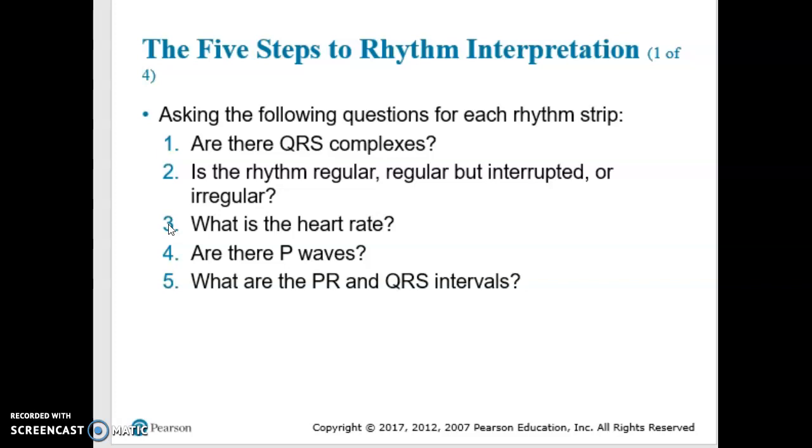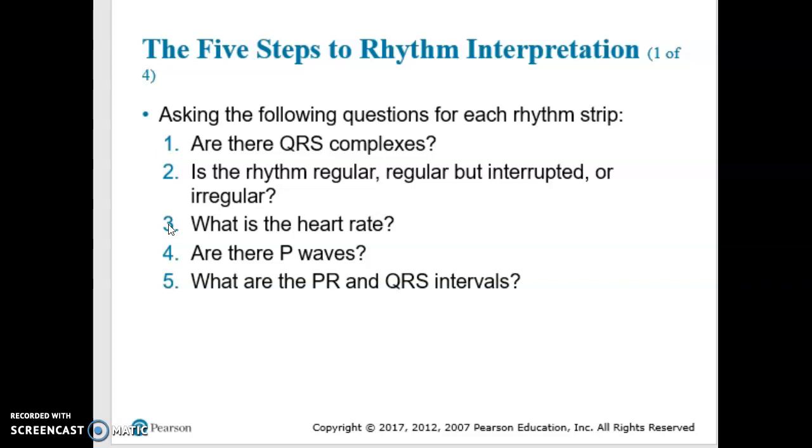And then we will count all of the QRS complexes across that strip and multiply it by 10 to get the mean heart rate. So the reason we use the 6-second strip method when a rhythm is irregular is we want to make sure that we're finding that range, and using this 6-second strip method we determine what that range is from slowest to fastest, and then we're able to look at what the mean heart rate is as well.